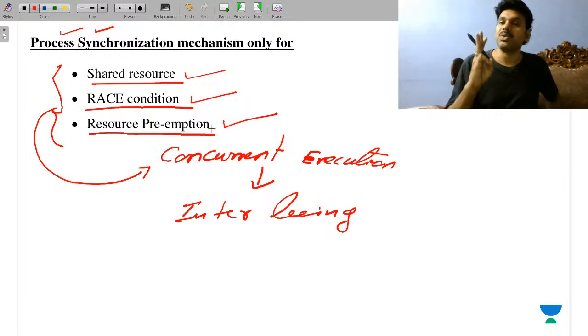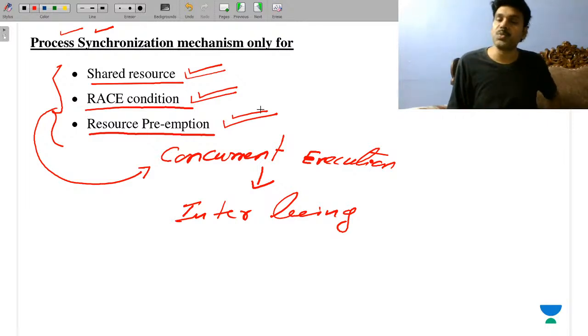That's why process synchronization is needed only in the following three cases: when there are shared resources in your system, or when there are race conditions, or when there are preemptions. All are similar to each other, all are saying the same thing, but I am putting it in different forms. They all belong to concurrent execution.